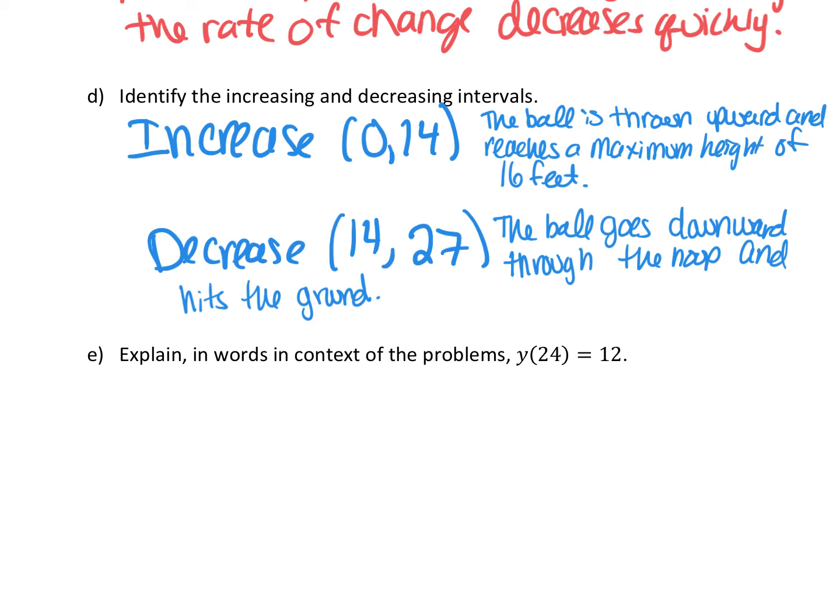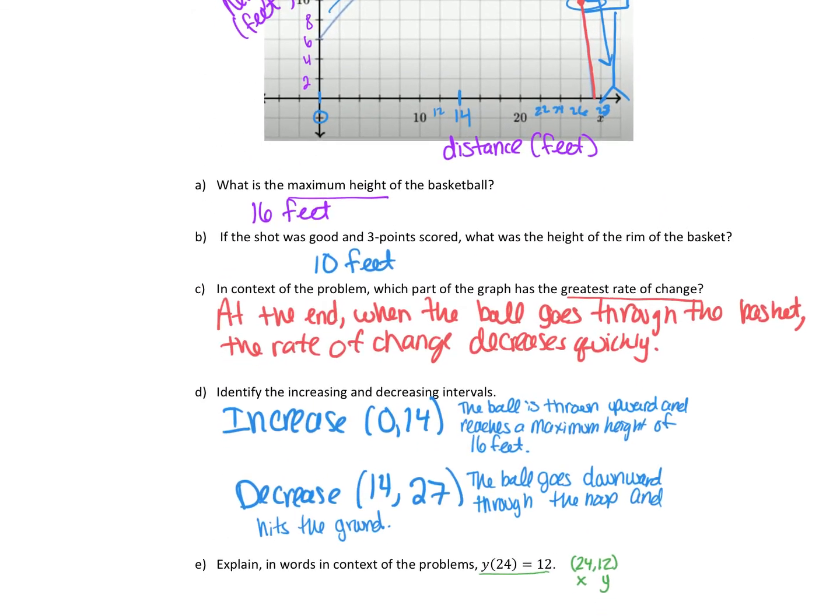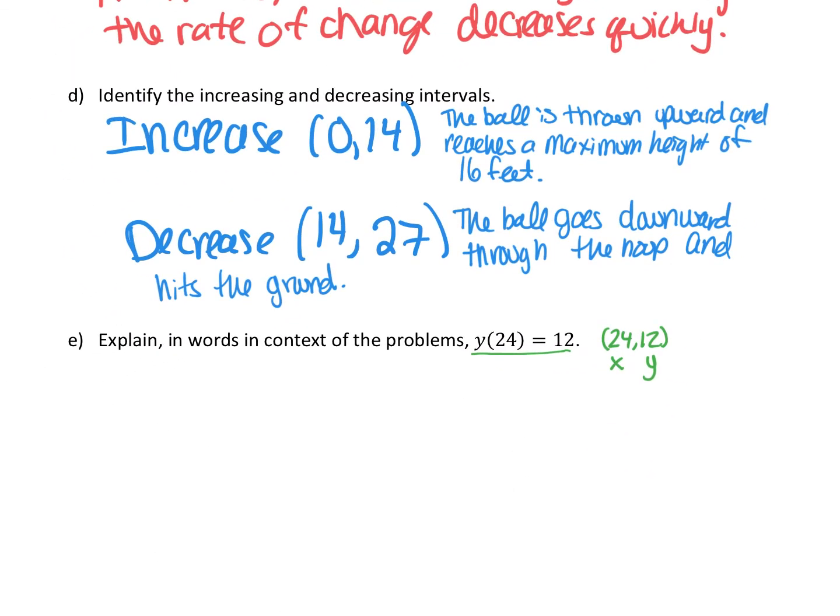All right, this lesson says explain in words what y of 24 equals 12 means. Well, again, this would be the point 24 comma 12, meaning x represents 24 and y represents 12. So remember, x is our horizontal distance and y is our vertical height. So what this is telling us is that horizontally the ball went 24 feet and it was at a height of 12 feet.